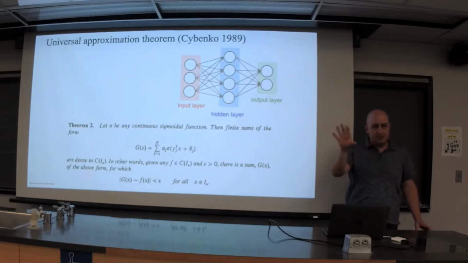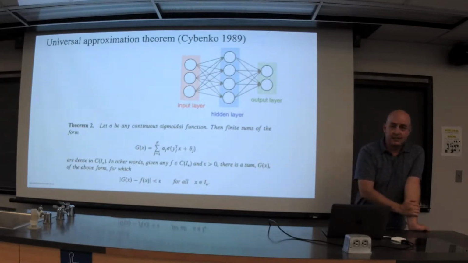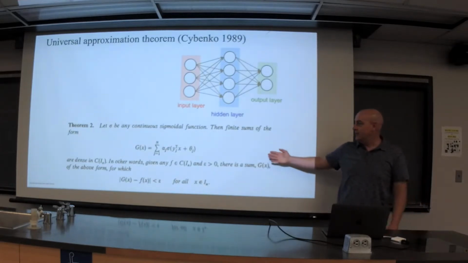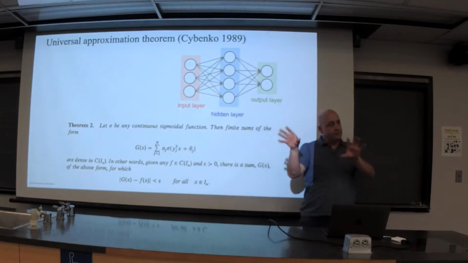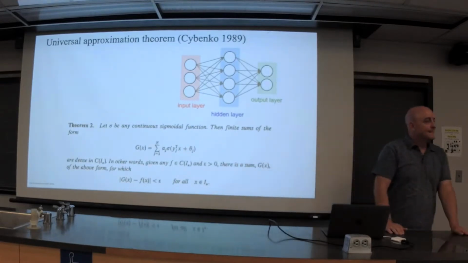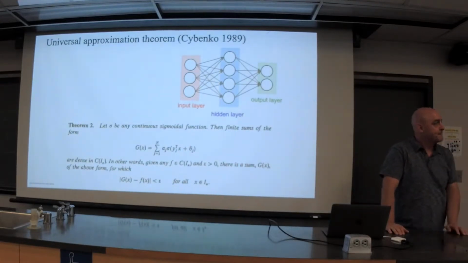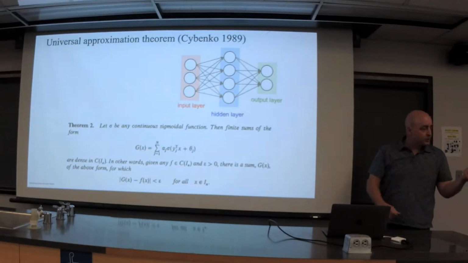What does that mean? Any mathematicians here want to bravely tell us what that means, or anybody who knows it? If this set of functions is dense in the set of continuous functions, what does that mean? Close.